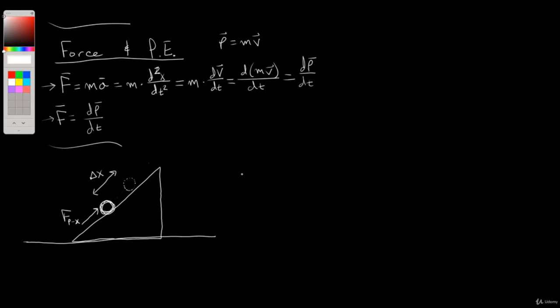Well, if I apply a force on any particle, it will displace itself delta x, and since the force is in newtons, and the distance is in meters, newton meters is actually a unit of energy.